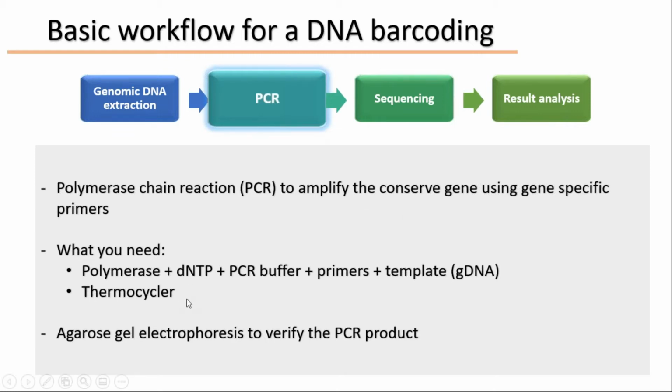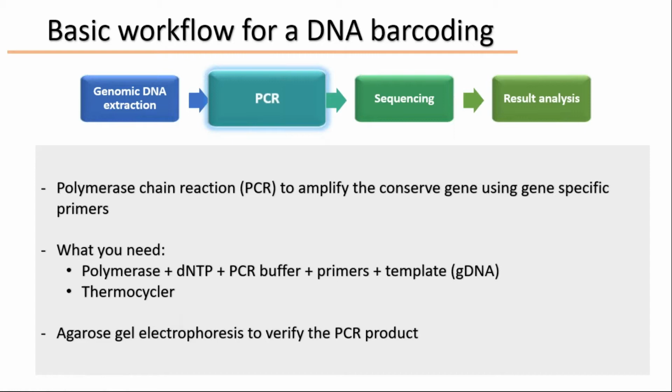What you need is very simple: the polymerase, the dNTP, the PCR buffer, the gene-specific primers, and also the template, which is the genomic DNA from your gDNA extraction. And lastly, you need the thermocycler to run all these reactions.